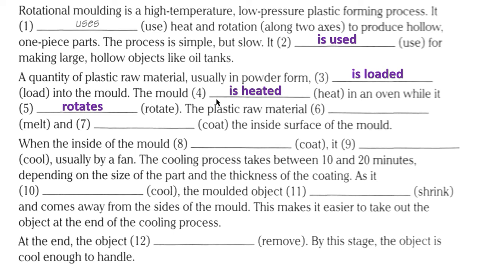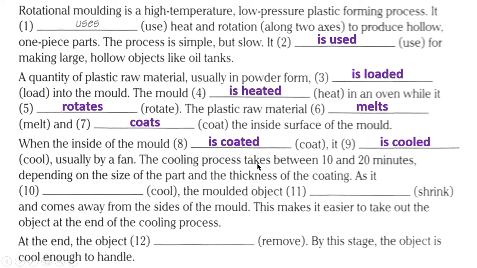It can do the verb itself. The plastic raw material melts and coats the inside surface of the mold. When the inside of the mold is coated, or coats? Is coated, yes. It is cooled, usually by a fan.